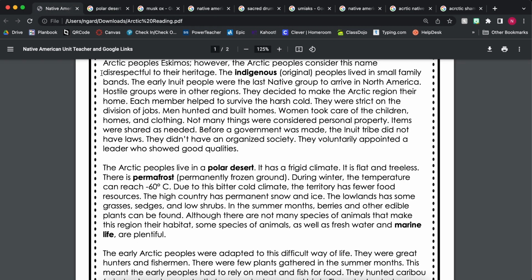When I say incredibly cold, there's actually permafrost, which means there is ground that is never thawed. It is always frozen. So even if the top unfreezes a little bit, like the top layer of the soil or the ground underneath, it's still ice or frozen ground. That's that cold.